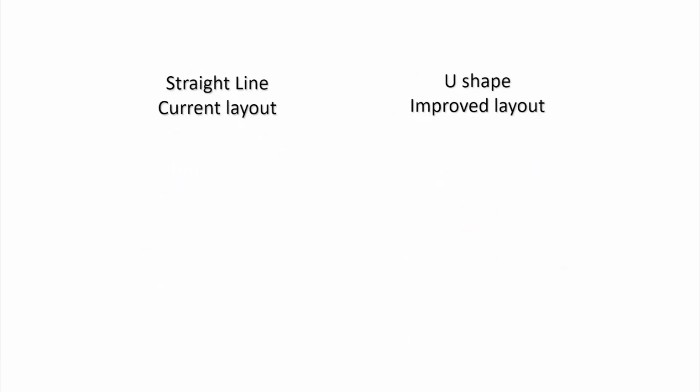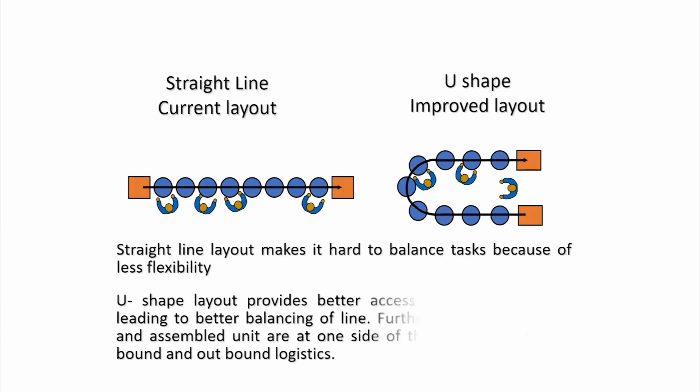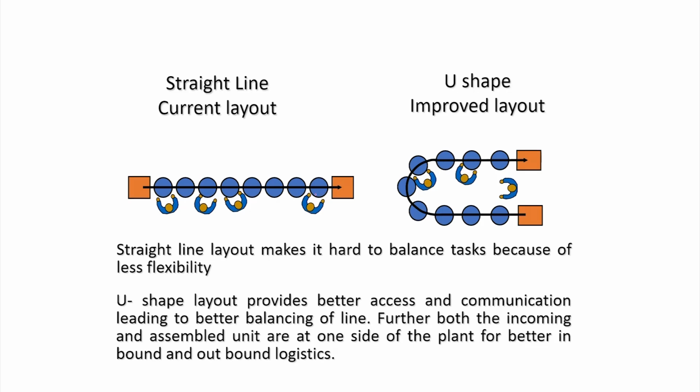Take one more example. This is a linear straight line layout where one worker is working on element 1 and 2, another is working on 3 and 4, and this is slightly displaced, and here he is doing 5 and 6 and this one is doing 7 and 8 activities.